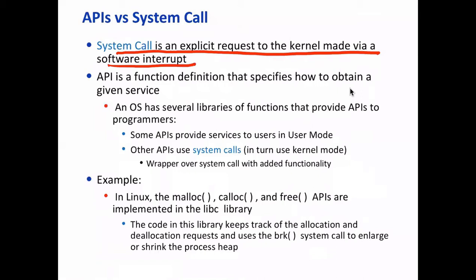The moment a user process does a system call, say read a file, the mode changes, we sometimes call it a software interrupt. The mode changes from user mode to kernel mode, and the corresponding system call handler, which is a kernel process, comes into the picture.